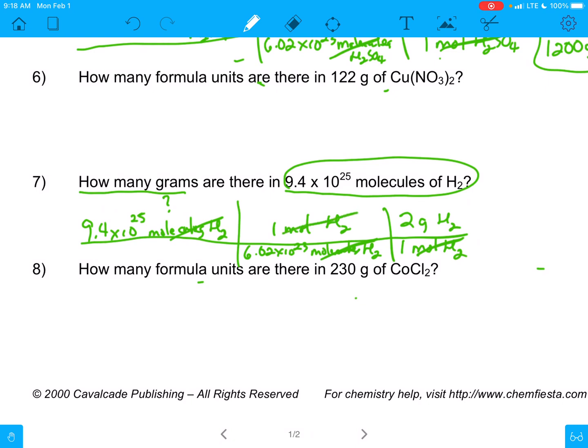If I were to put this into my calculator, it would be 9.4 EE25 times 2 divided by 6.02 EE23. And if I were to do that, I would end up with 3.1 times 10 to the second grams of H2, or I could say 3100 grams of H2.